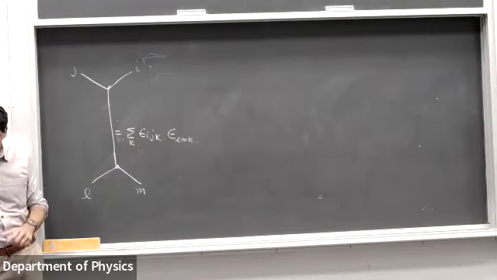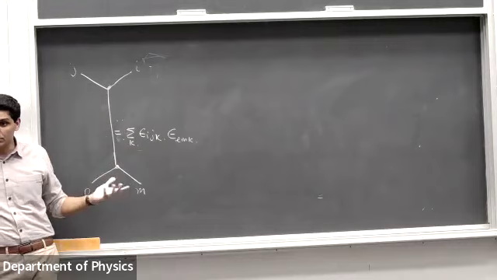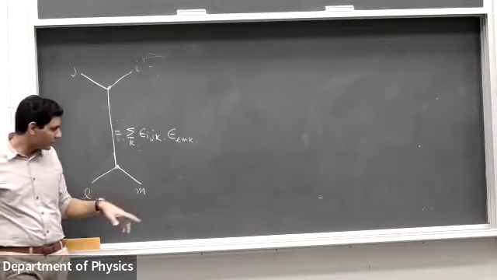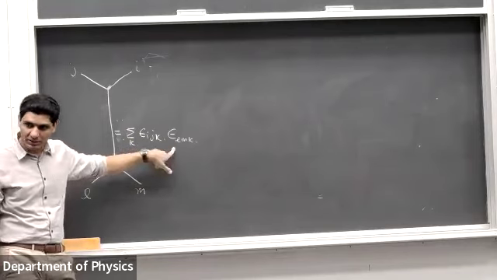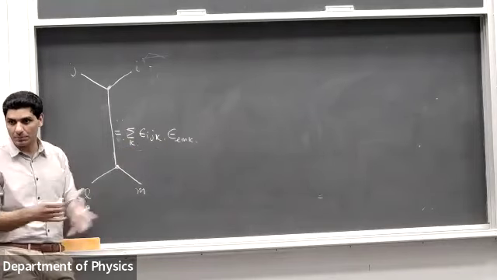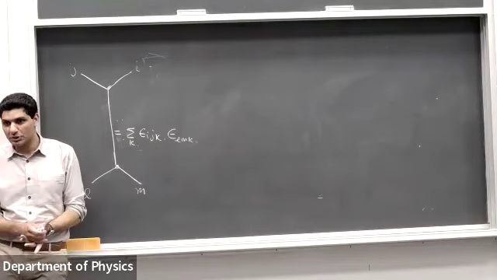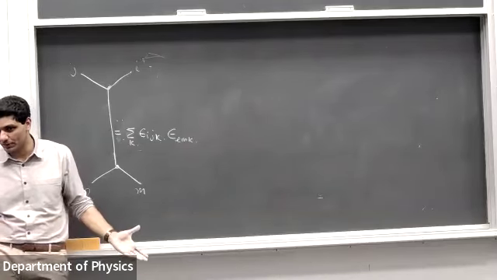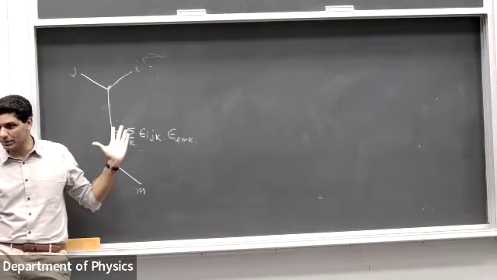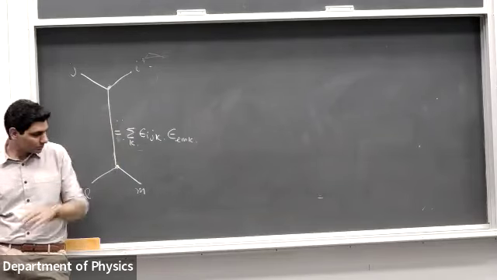Second thing is, what values can this object possibly take? Let's say this symbol can take +1, -1, or 0. This one can take +1, -1, 0, and we're taking a product, so the product can also take values of +1, -1, or 0. That's what this object can be at most.